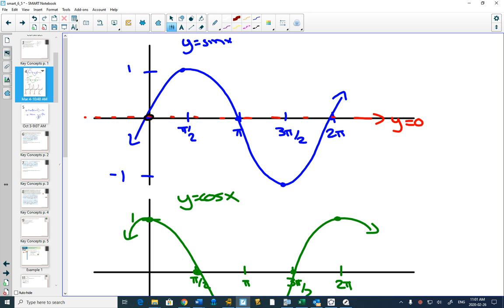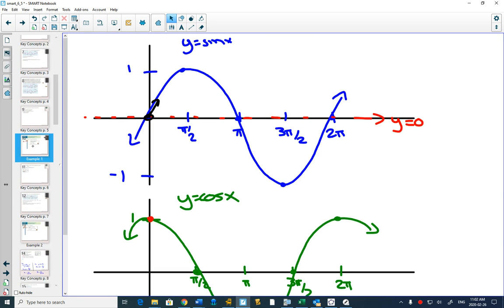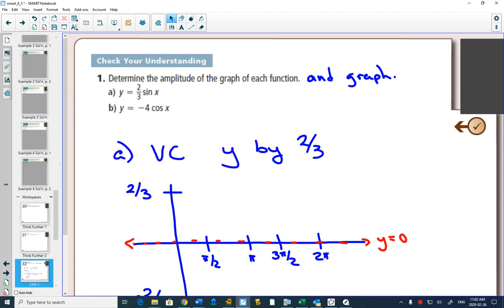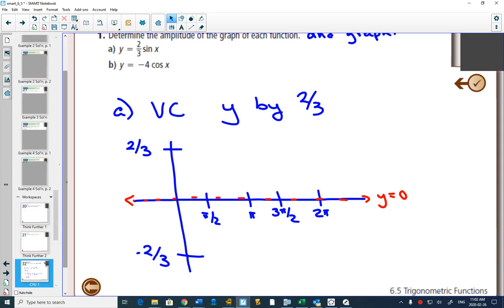So our sine graph starts on our center line going up. Our cos graph starts at a maximum. So those are going to be key words that I'm going to use over and over again to help develop our shortcut. Okay? So our sine graph starts on the center line going up, which happens to be 0 in that example, and in our example, it's also 0.